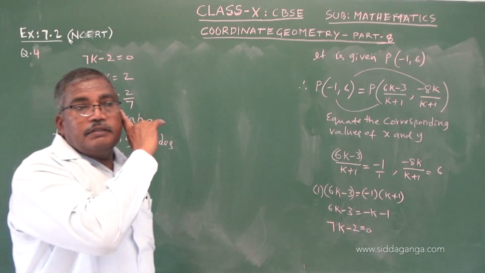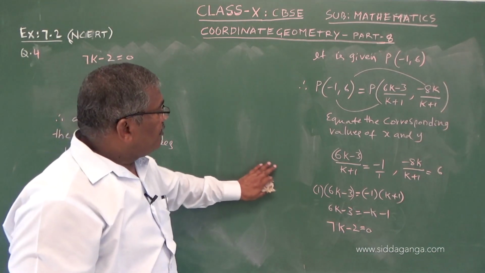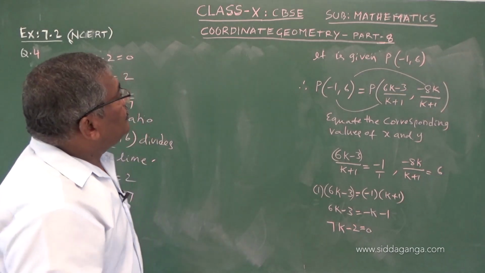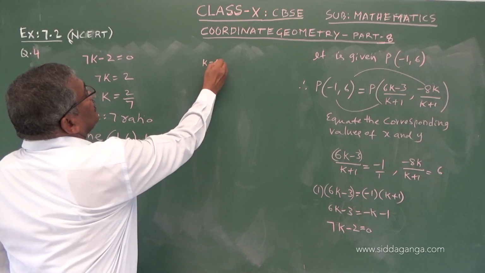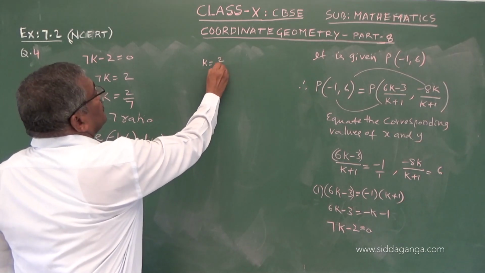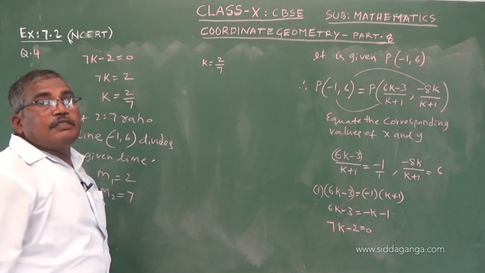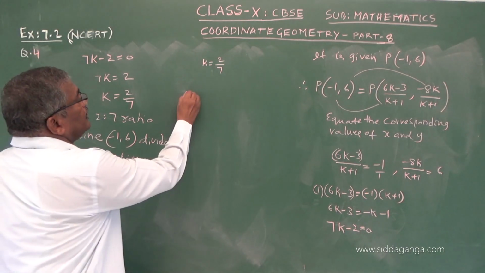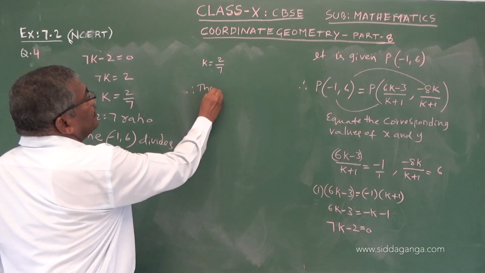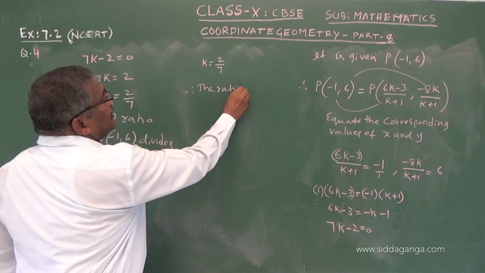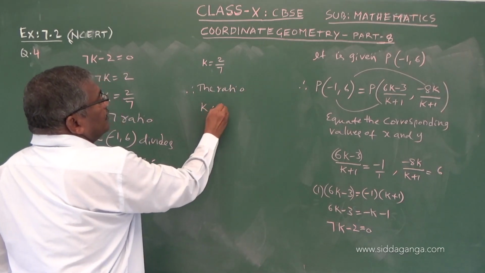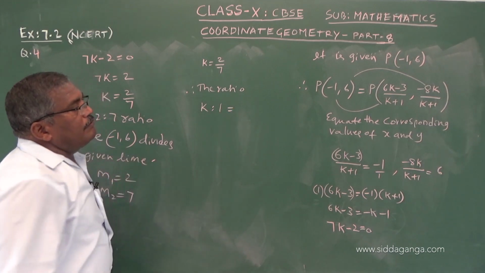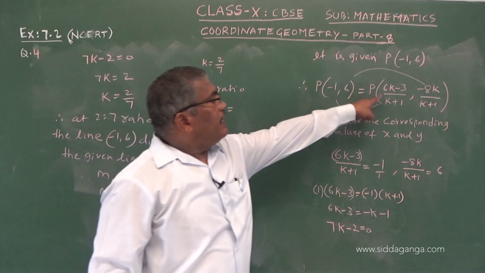You have learnt the equivalent ratio properties. Observe this. We have k equals 2 by 7. The ratio which we considered is k is to 1.